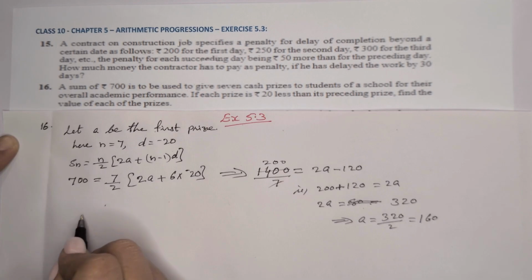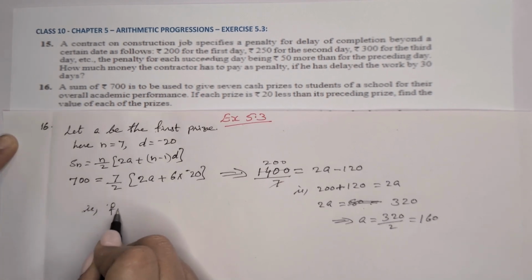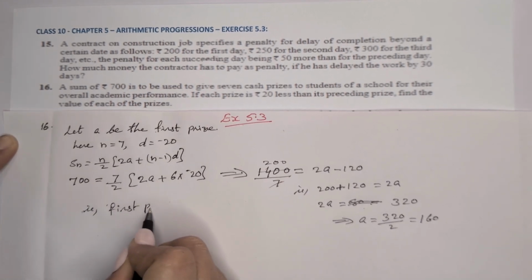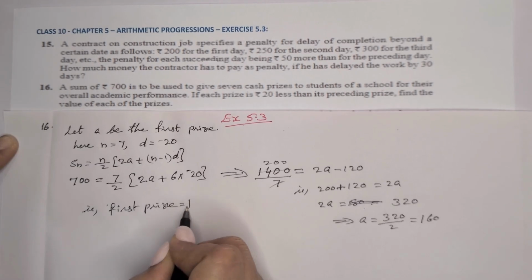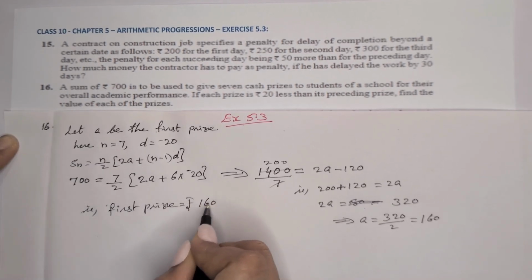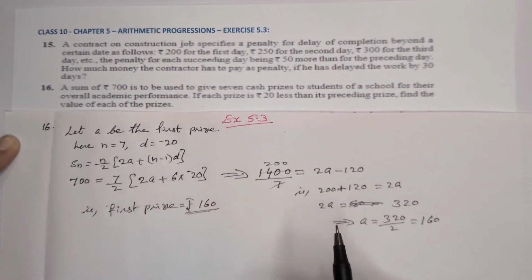So the first prize is rupees 160. Now we have to find the rest of the prizes also.